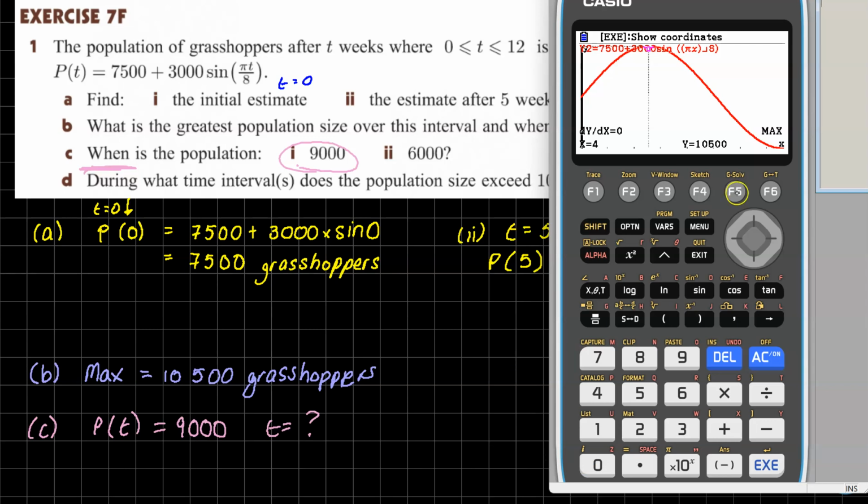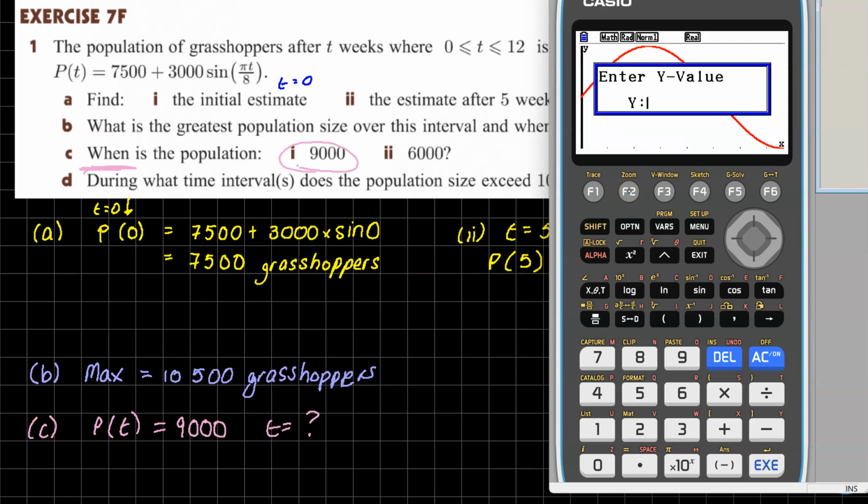It's our bestie, G-solve. But this time, what are we trying to find? We are trying to find our time, which is our x value. So it is now an xcalc. And look what happens. It asks you, what is your y value? What's our y value, Felipe? Come on, here. This is it here. 9,000.